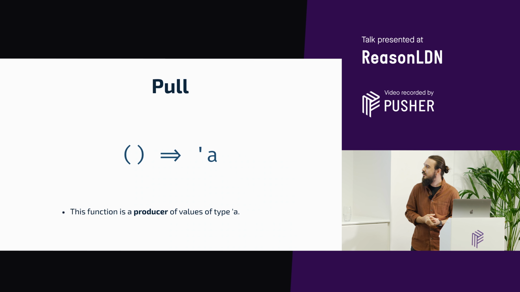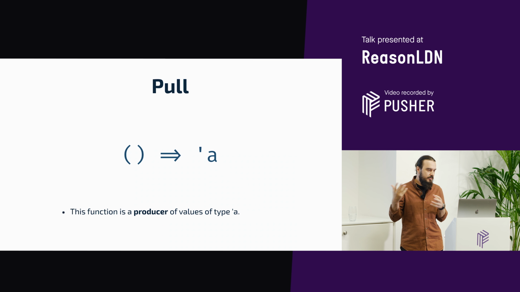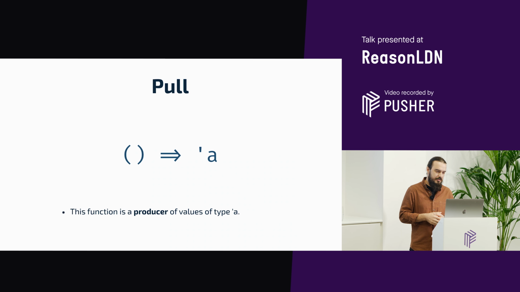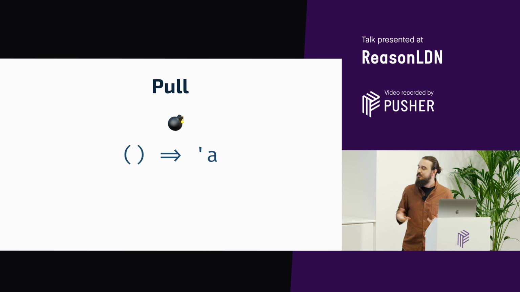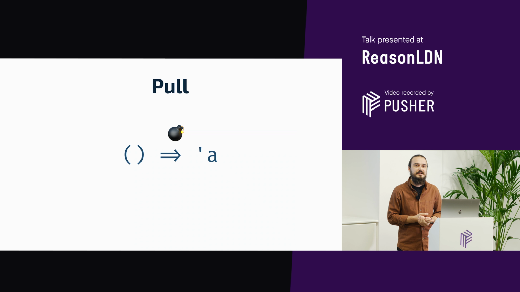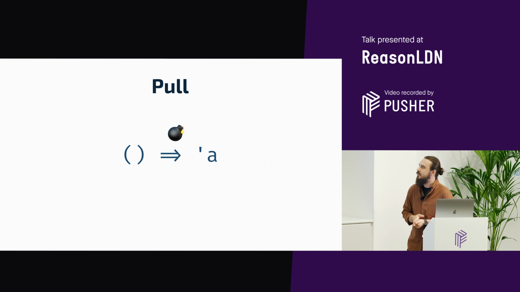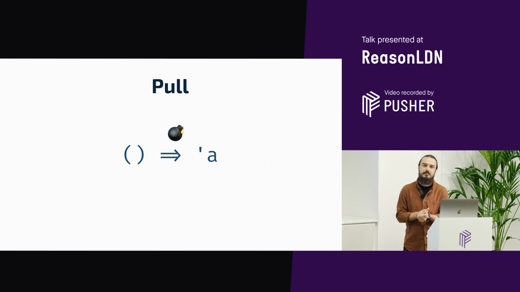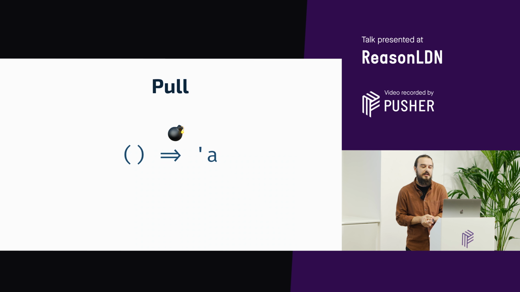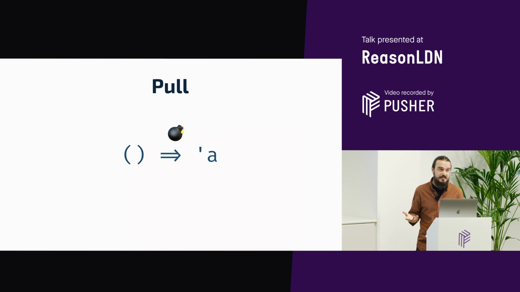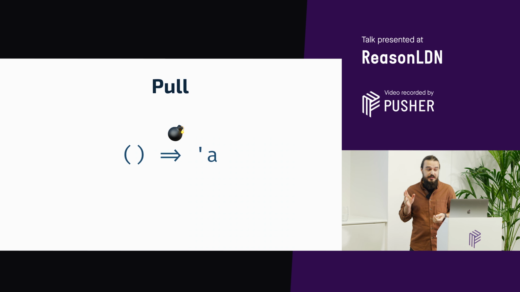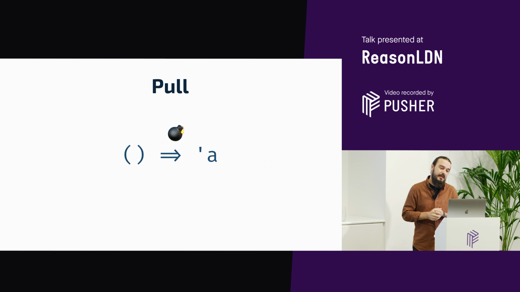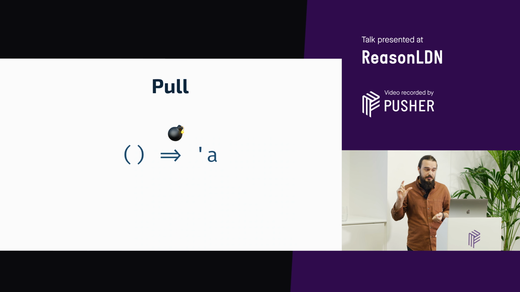Well, we could use an option value type or something like that to signal this termination, but what about exceptions? If I try to call this function and it doesn't have any values to give me, it can just raise an exception. And that's acceptable, that's fine. I'll try to explain later why I think it's fine, and I will also show you the implementation with options.